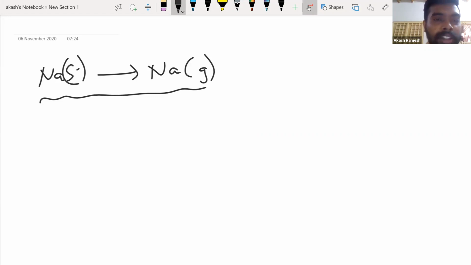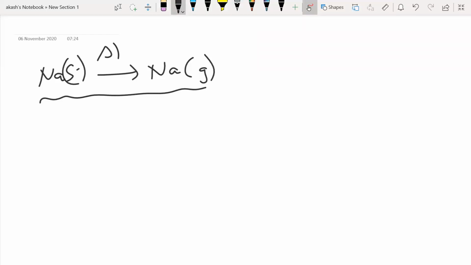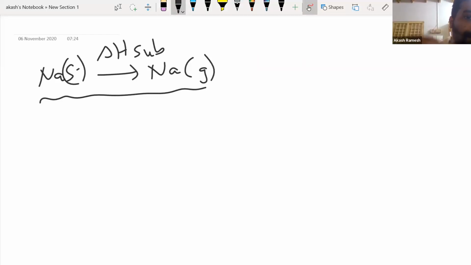So solid to gas, what is the process called? In general, when I convert a solid to a gas directly. Sublimation, sir. So what is the enthalpy called here? Enthalpy of sublimation. Exactly. So the first step is that I have to convert sodium solid to sodium gas, and the enthalpy associated with this is the enthalpy of sublimation.